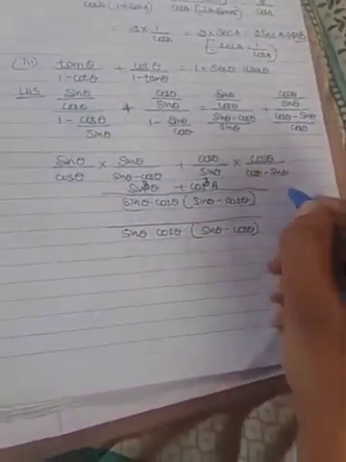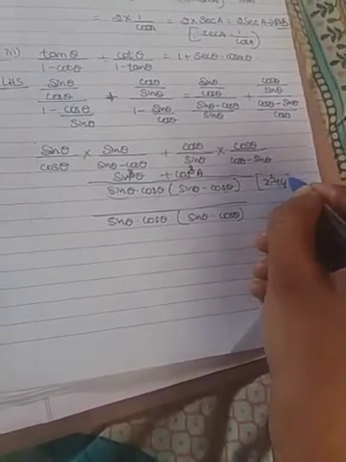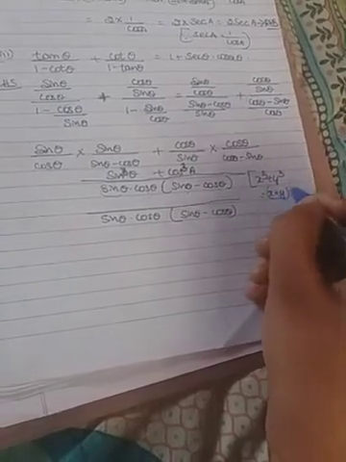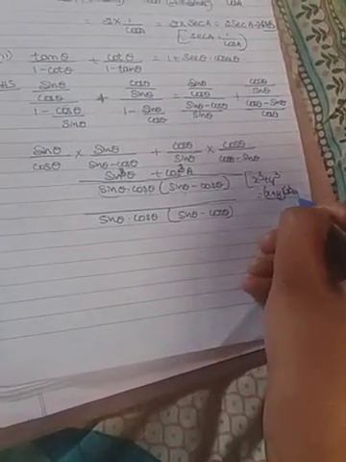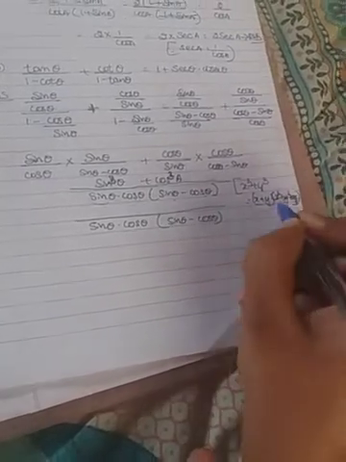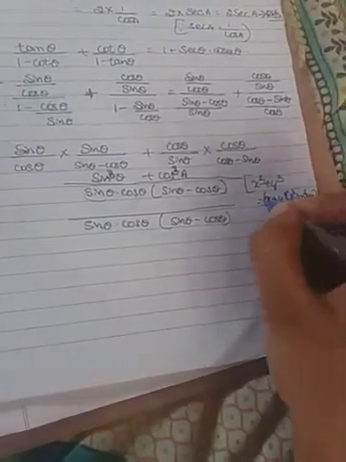So here we can use the formula of x cube plus y cube. Note down the formula: x cube plus y cube equals x plus y into x square minus xy plus y square.